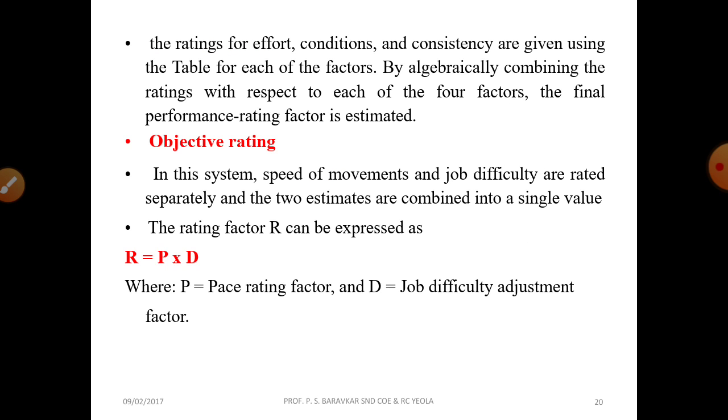Next point is objective rating. In this system, speed of movement and job difficulty are rated separately and the two estimations are combined into a single value. For that, the rating factor R can be expressed as R = P × D, where P is the pace rating factor and D is the job difficulty adjustment factor.